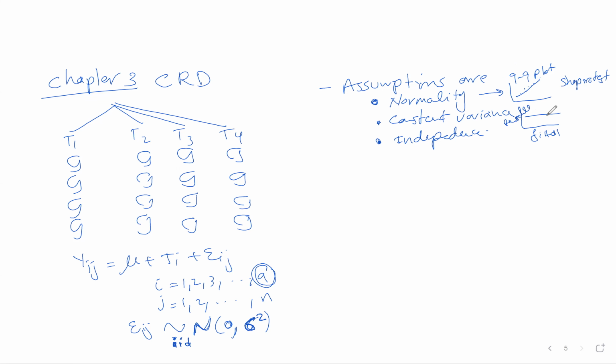I should have something randomly scattered above and below zero. Or you can run the Levene test, and I need the p-value to be big.